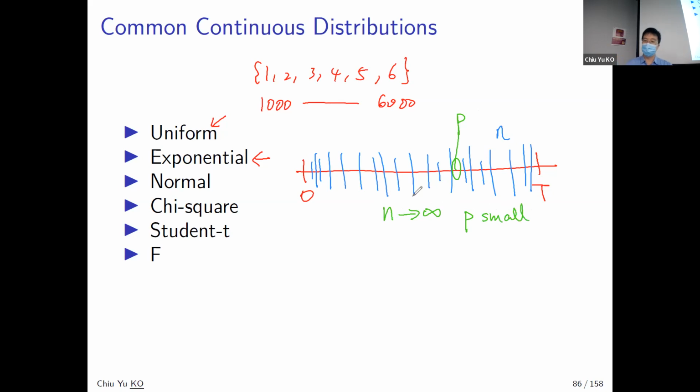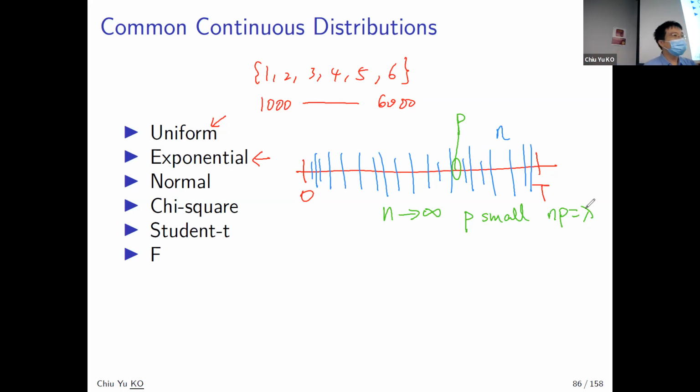Then this np becomes a lambda, okay? And that is what we call Poisson, okay? And Poisson is the number of outcomes that would happen within this time interval, right? Can be 0 up to infinity because n goes to infinity, right? So 0, 1, 2, 3, 4, 5, okay? So this number of events in a time interval is a Poisson, just to remind you.